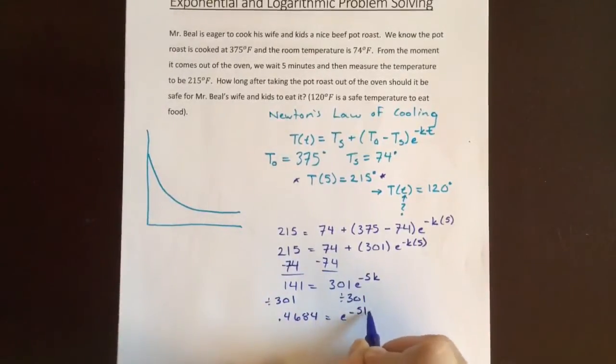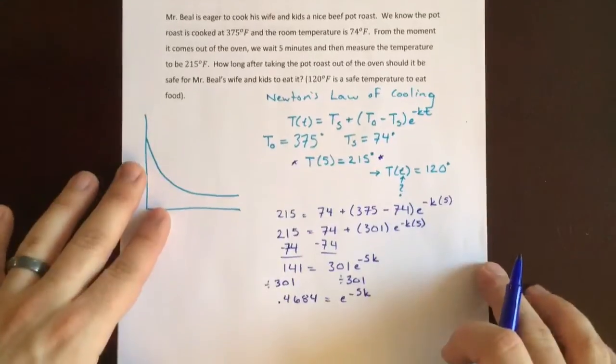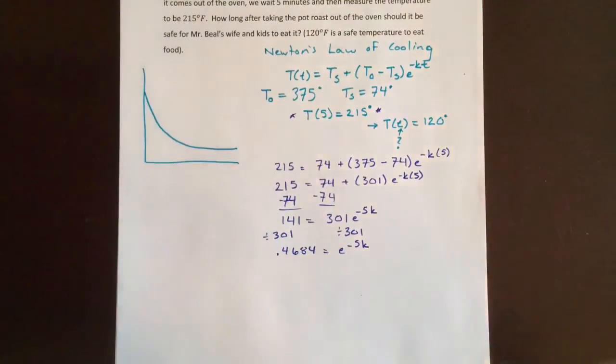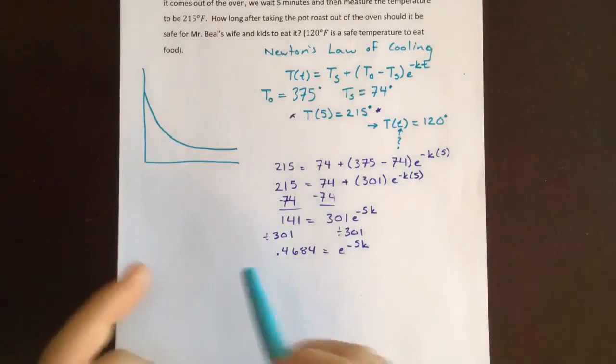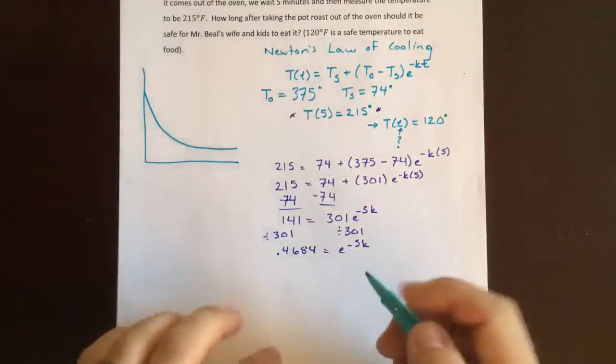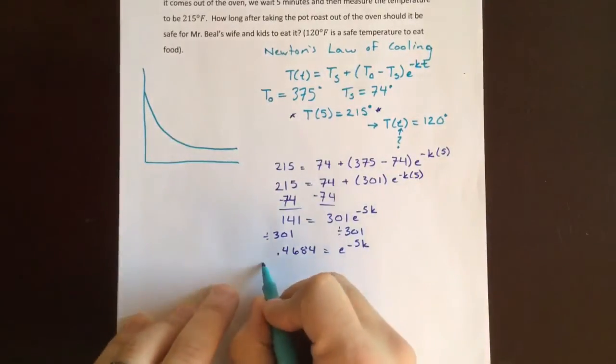If I have an exponential function, I need to take the log of both sides, so log base e, or just natural log.